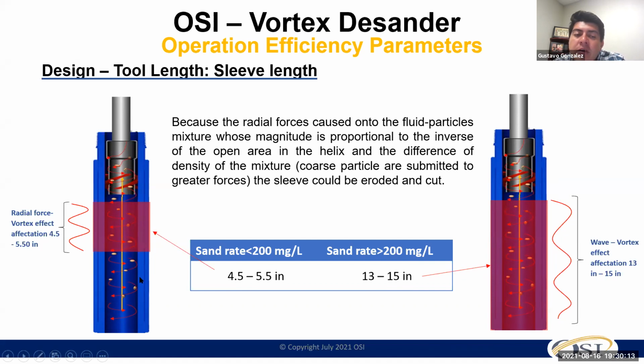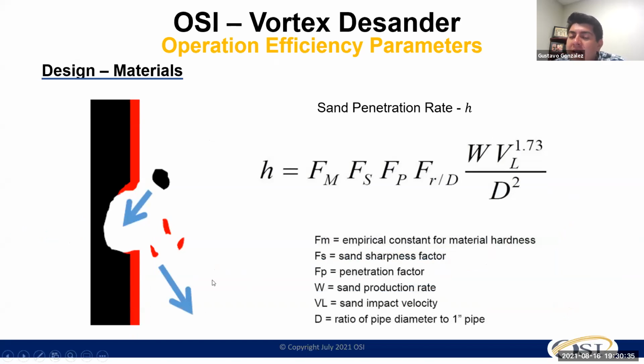One of the things you want to do is keep the delta P, or that wave or vortex effect, inside the body of the desander, because normally those bodies are thicker and have a special metallurgy to handle the erosion you're facing. If you don't do that, that's where you can potentially have some issues. So we give you some calculations of how you can determine the sand penetration rate when it goes through the metal.